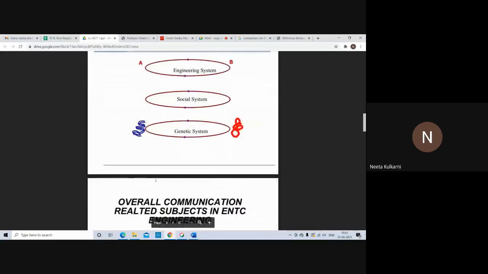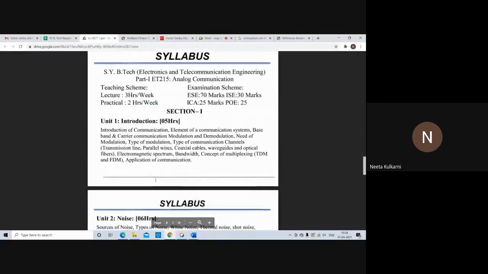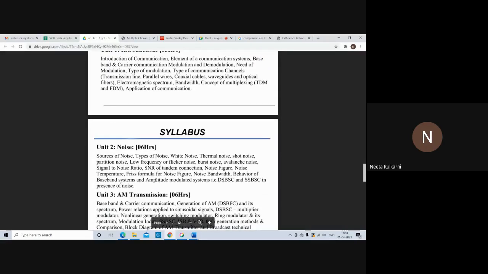Noise. So in that chapter we have seen different types of noise, त्याचे parameters, त्याचे derivation, noise figure derivation we have seen. We have solved the numericals based on that. That is the content of the second chapter.